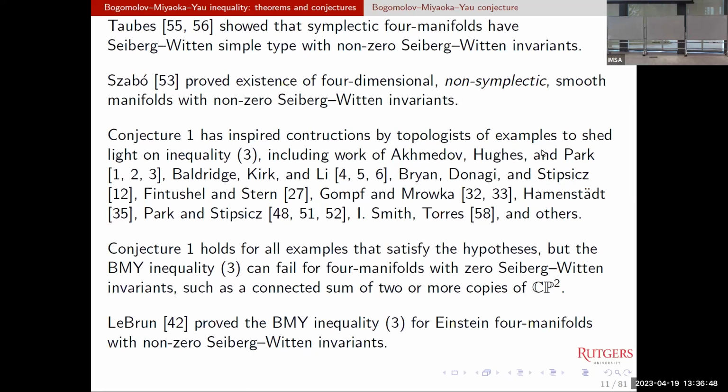There have been different attempts to either prove or disprove this conjecture for many years. Attempts to disprove it involve examples, and all the examples that are known satisfy the inequality. There are a whole bunch of people who have done work related to constructing such examples.